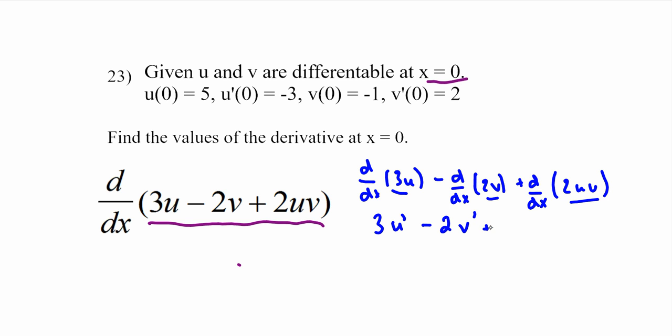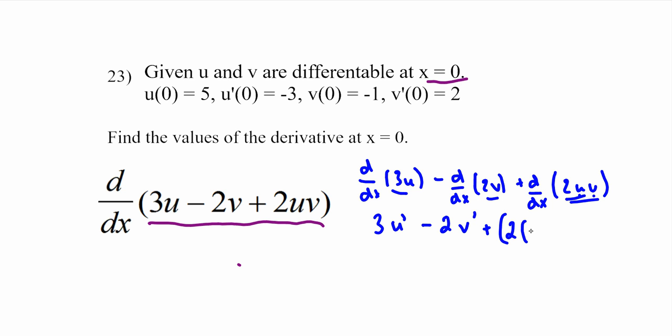So we're going to add the derivative of this. Now notice that we have 2uv. Well, 2 is a constant, and so 2 could actually just be taken out because it just comes along for the ride. Or you can group these together. So let's take this right here and find out what we have. Well, 2 being a constant, we'll have 2. And then we have u times v, so we have to use the product rule.